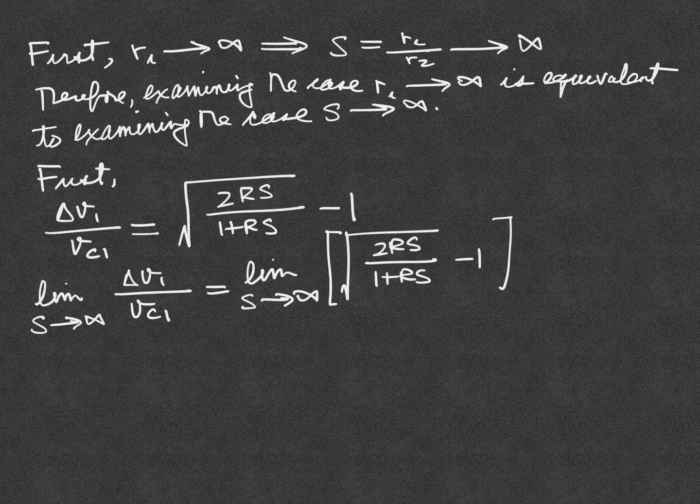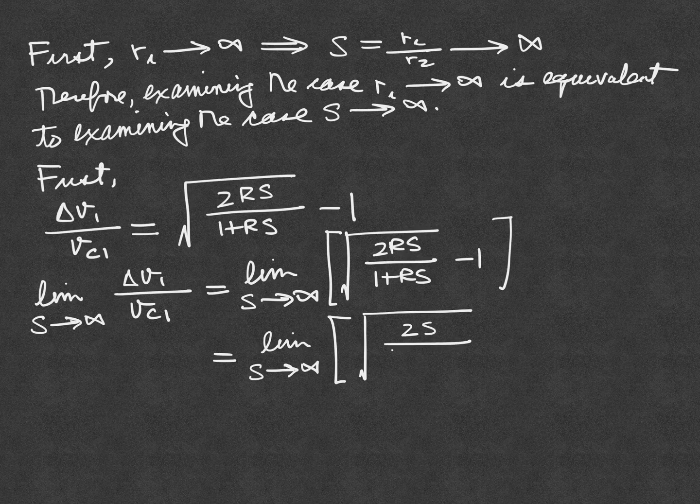I'm going to rewrite what's inside the square root, dividing the numerator and denominator by R. So we get 2S all divided by 1 over R plus S, minus 1, which is equal to the square root of 2S over S in the limit, which is just the square root of 2. So we have the square root of 2 minus 1. So that's the limiting case of the first impulse.